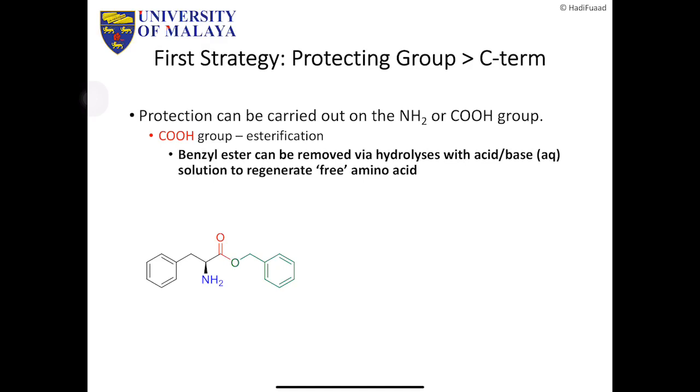Okay, so the benzyl ester can then be removed via hydrolysis with acid or base in aqueous solution to regenerate the free amino acid if needed. So first off, you generate the C protected amino acid, you react it, and then you can remove this back to regenerate the free amino acid once it has already reacted with another amino acid.